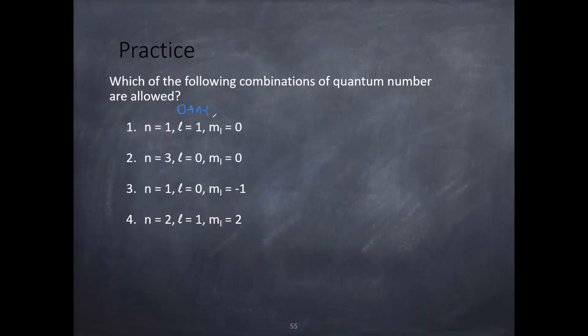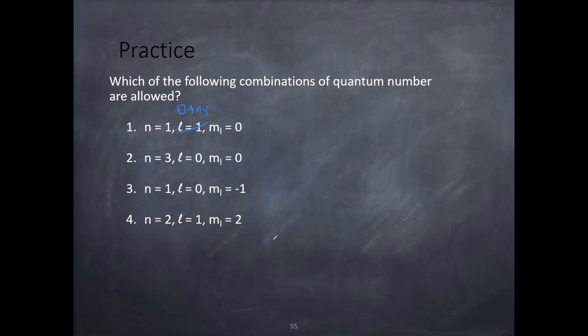So with the first one, that's automatically a problem because on that first energy level, we can only have L equal to 0. So we can already disqualify this one. With the bottom 3, though, those are all fine because if n is equal to 3, L could be 0 to 2. That works. If n is equal to 1, it has to be 0, but that's still fine. And then if n is equal to 2, it could be 0 or 1. So all 3 of these angular momentum quantum numbers for options 2 through 4 are fine.